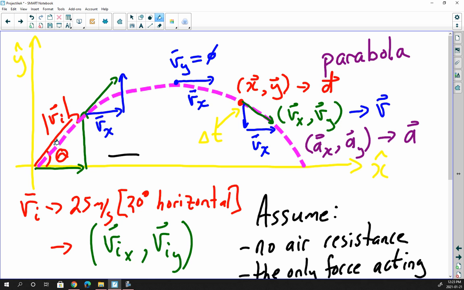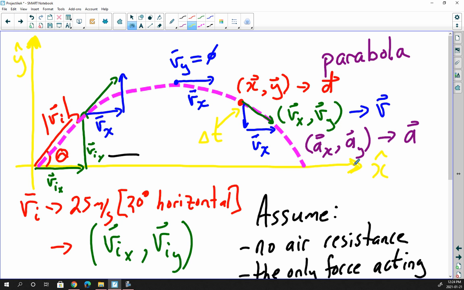Now, the other thing you got to remember is that velocity can be broken down into velocity initial x component and velocity initial y component, because this entire situation is happening under an x hat, y hat Cartesian plane. So I've drawn it in yellow here.